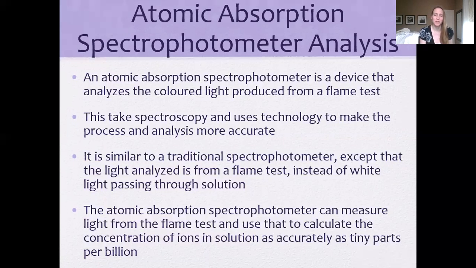It's similar to the spectrophotometer that we first talked about, in that it uses actual technology instead of just the naked human eye to measure the amounts of light that's absorbed. However, with the other spectrophotometer, you are measuring the amount of light that passes through an ionic solution. And this time with the atomic absorption spectrophotometer, you're using the light from a flame test.